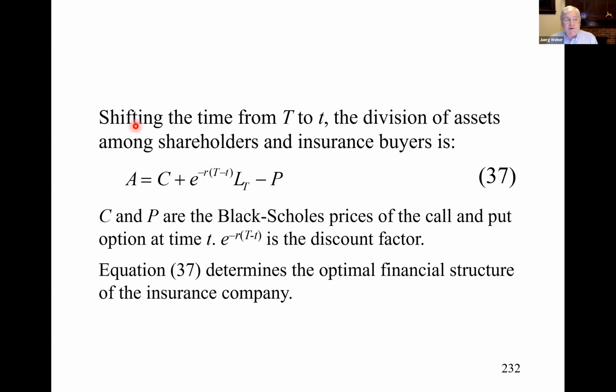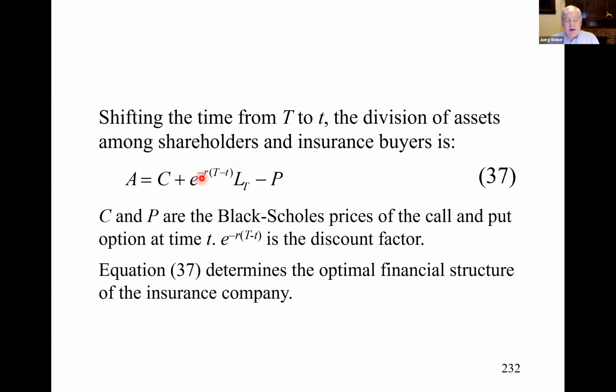Also, let's now shift the timing from the time when the insurance company is dissolved. Let's shift it to time small t at the beginning, when the insurance company starts operation. So we look at the assets at the beginning, and so those liabilities here, which are paid out at the end for the insurance payouts, we have to discount them.